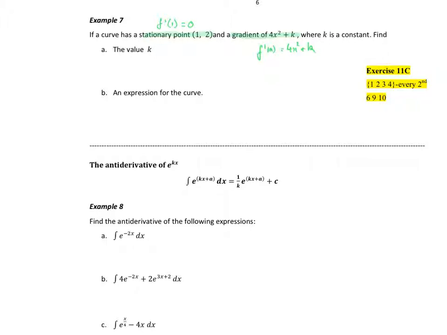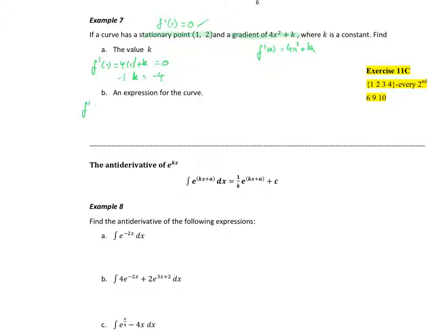So let's find k first. So let's use that first bit of information there. F dashed of 1 is equal to 0. So f dashed of 1 is equal to 4 times 1 squared plus k, and that has to equal 0. Therefore, k is equal to -4, isn't it? So there's my derivative.